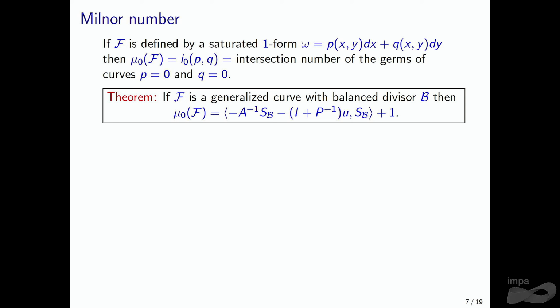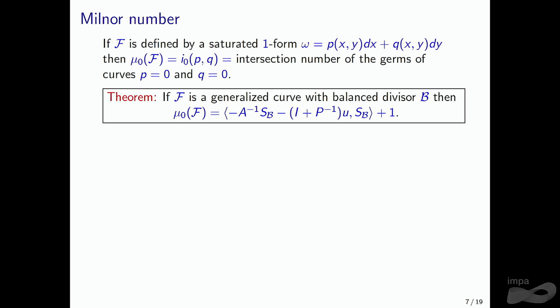Why are we interested in this type of formulas? Because we wanted to obtain a recursive formula for the Milnor number of a foliation in terms of the combinatorial data of a reduction of singularities. And the Milnor number is defined as the intersection number of the curves P equals 0, Q equals 0, where P and Q are the coefficients of a one form defining the foliation.